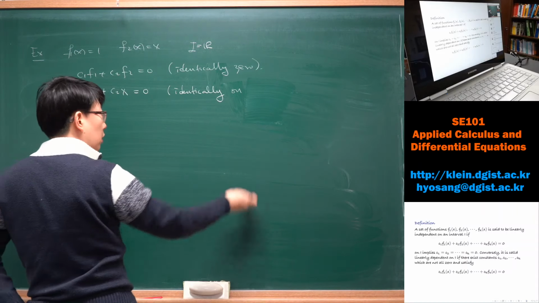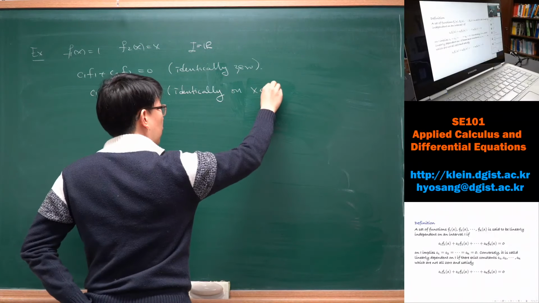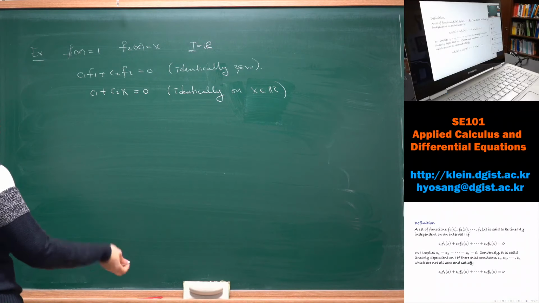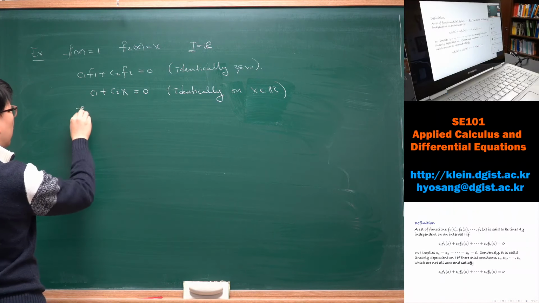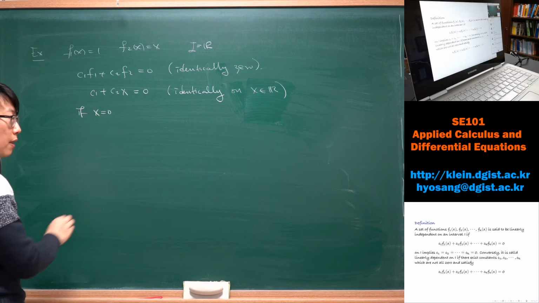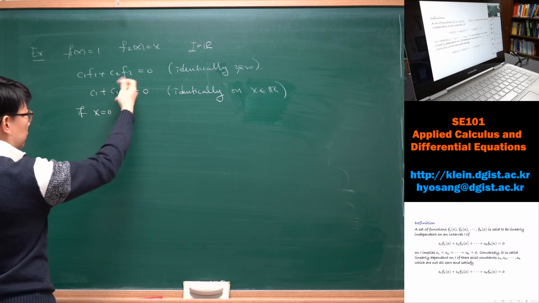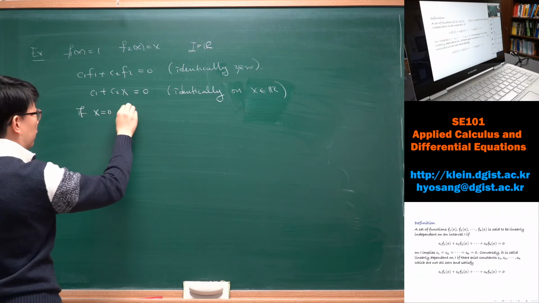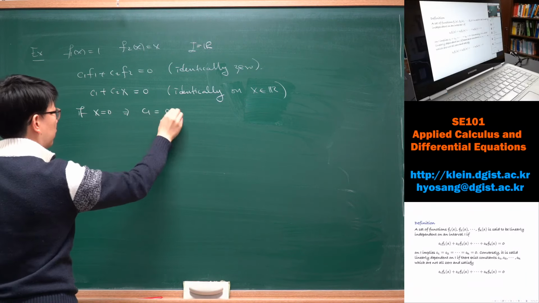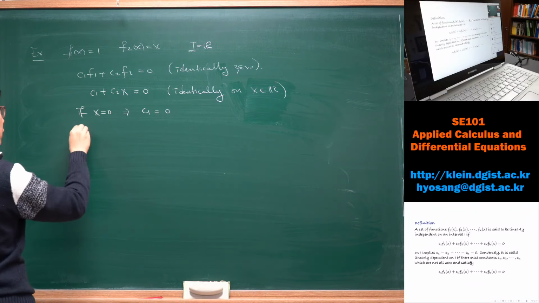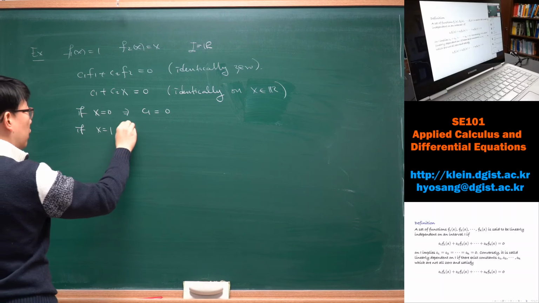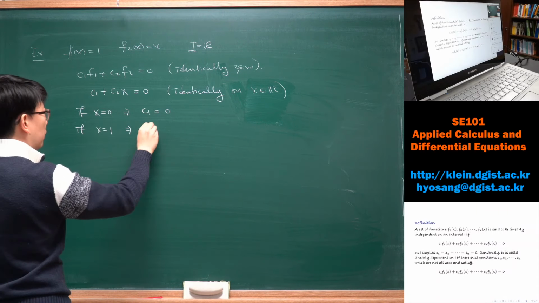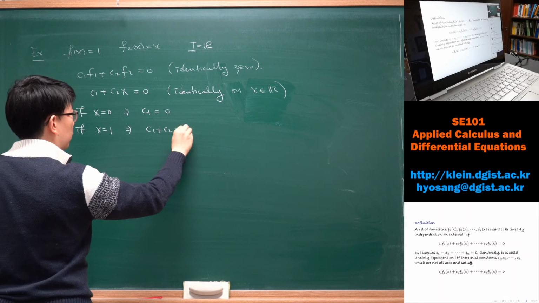No. Why? Because if x is 0, then this term disappears, then c1 equals 0. And let's say x equals 1. Then if I plug in 1 here, c1 plus c2 equals 0.